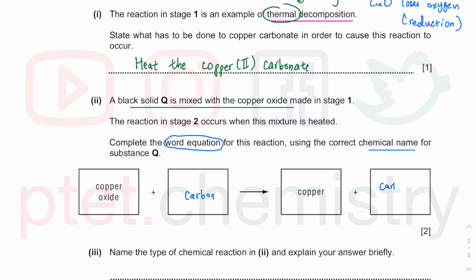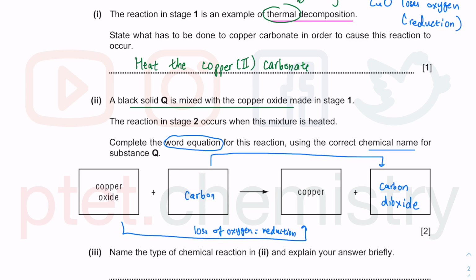As you have seen previously in this topic, we use a lot of carbon in order to steal away the oxygen from the metal oxide. This steals the oxygen away, and this loses the oxygen, so that one is a loss of oxygen, and you call that reduction. Whereas the carbon is what you use to steal away the oxygen, and therefore the carbon is making this one undergo reduction.